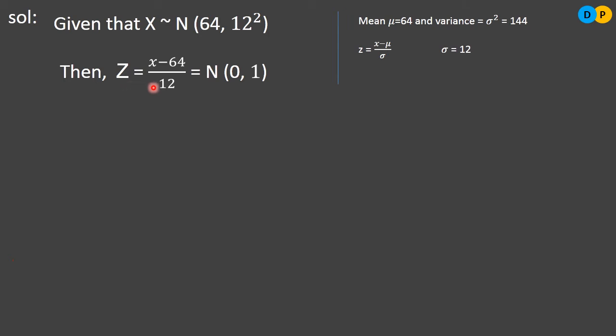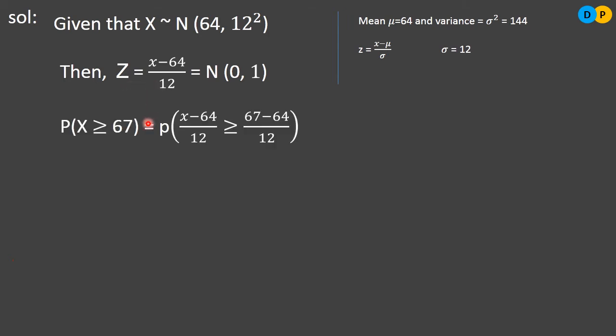Next, what do we need to find? What is the first question? We need to find the probability of a normal variate x taking a value greater than or equal to 67. It can be 68, 69, 500, 5000, any value, but you cannot find it using a normal distribution.